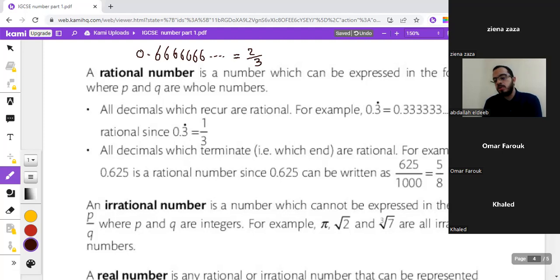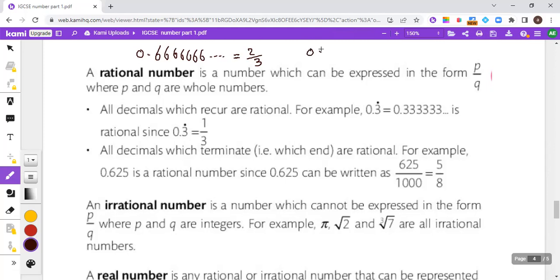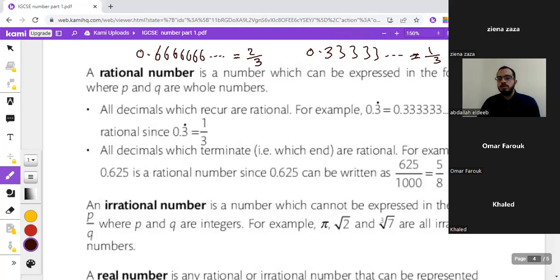So this is a recurring decimal. Like here, if you write 0.3333 forever, it is 1 out of 3. So any number, you can write it as a fraction or as a decimal or as a mixed number.